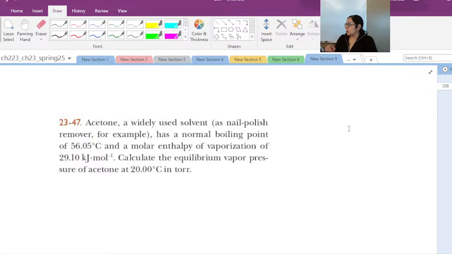Yeah, so that's delta H vap that's in your formula. That's what it's referring to. And you may have to recall what this means: normal boiling point.